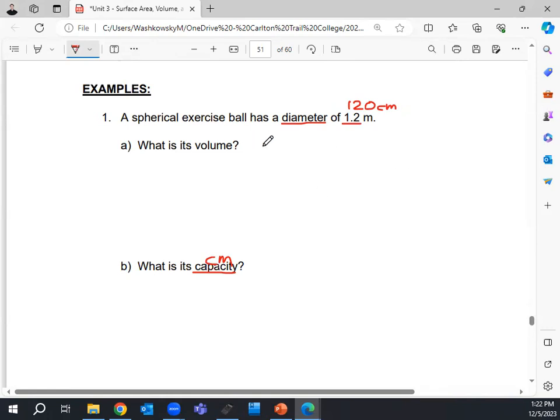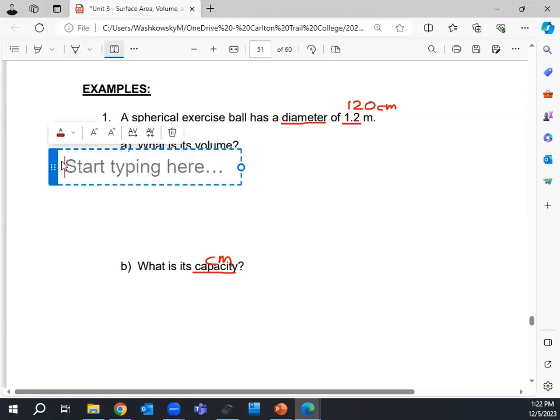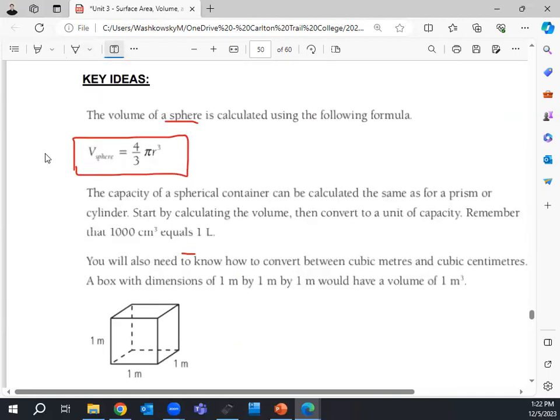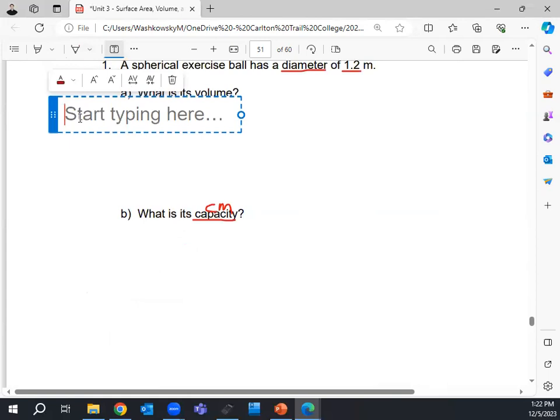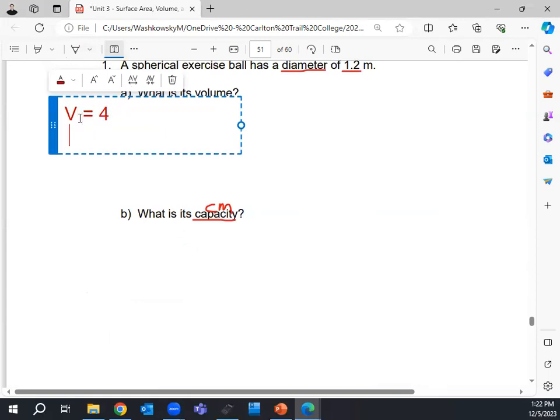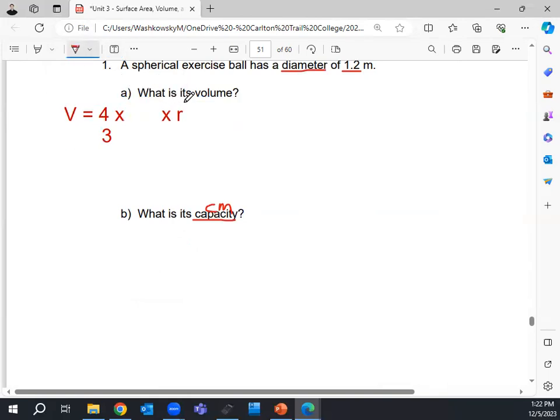Whenever I'm dealing with a volume, I always need to think, what is the formula I need? And if we remember, the formula is exactly what's up there that we boxed earlier. So the volume, V, is equal to 4/3 as a fraction, times pi, times the radius cubed.